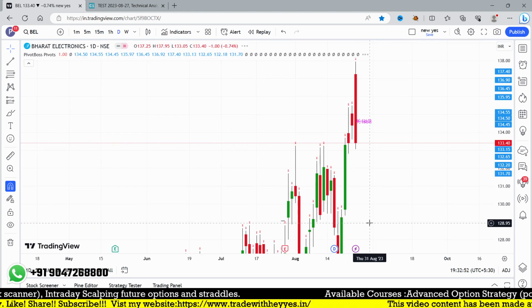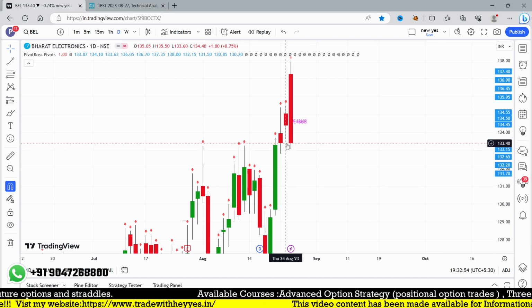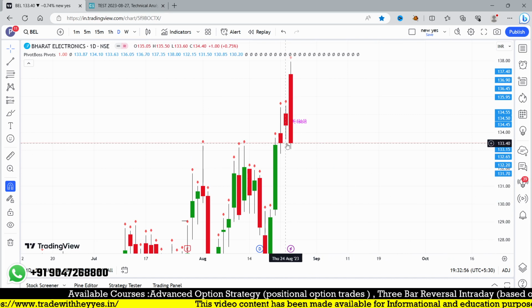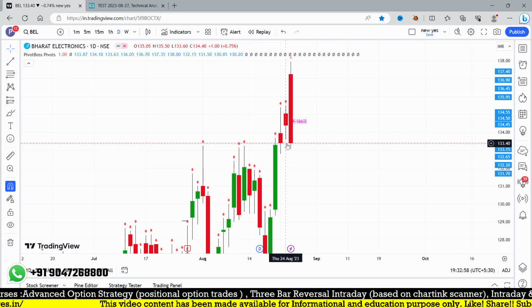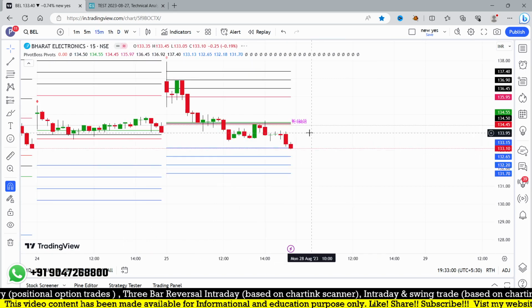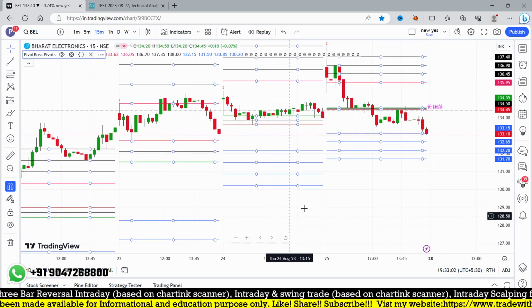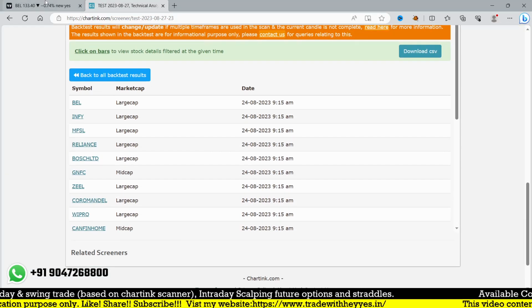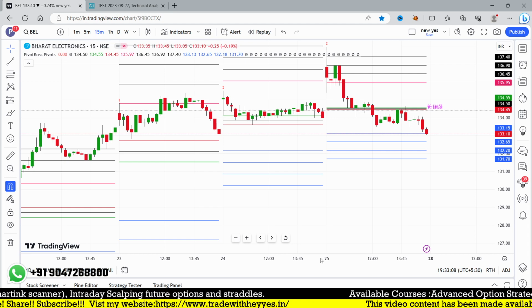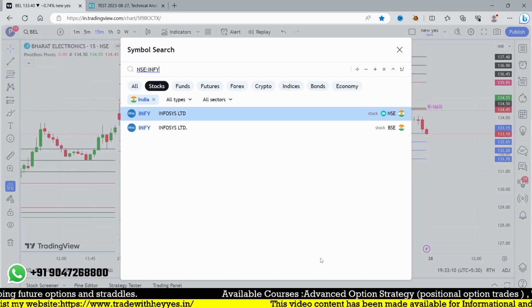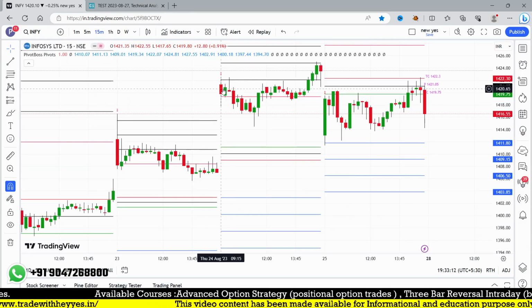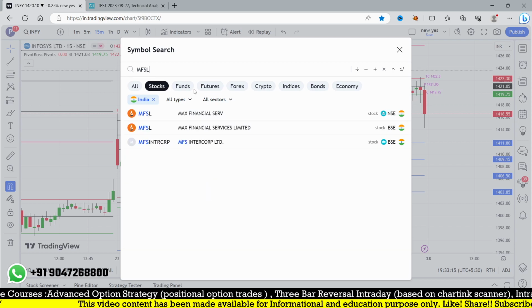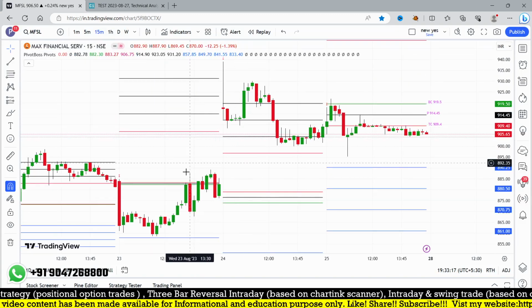On the daily time frame, yesterday's open is around 133 and 35.5. Why is it showing wrong? Yesterday's 15 minutes. Let's check some other stocks: Infosys, MFSL. Infosys is right. MFSL also is right.